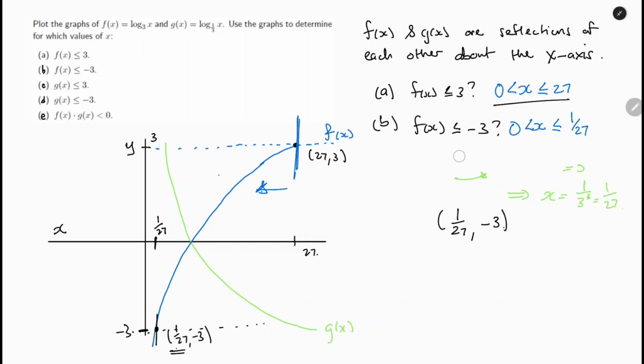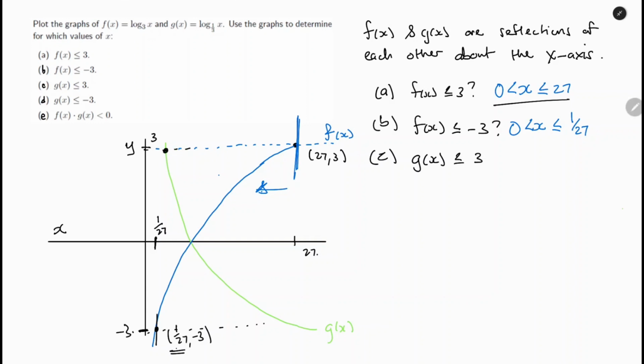Okay, let us continue. C, so now we're working with g of x, and it's going to be a very similar situation. g of x less than or equal to 3. Now we can see here, we already have the graph of g of x, and we already have the line y is equal to 3.